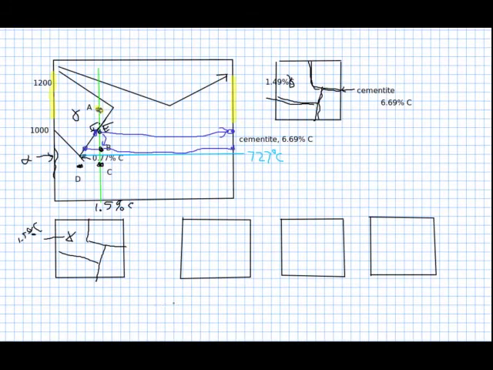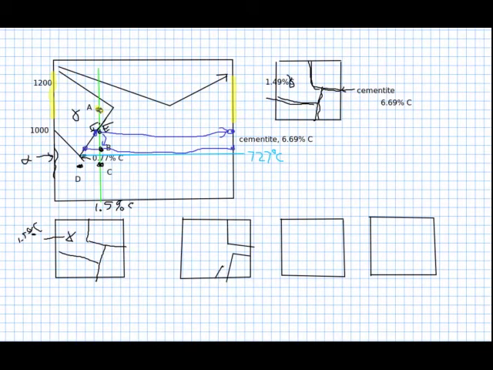Okay, back to our diagrams. We moved from E to B, and we now have 13% cementite. So I've got more cementite. Where is that cementite going to be formed? Answer, it's going to be formed at the grain boundaries. So point B on the graph is going to look like point E, except there's more of it at the grain boundaries.